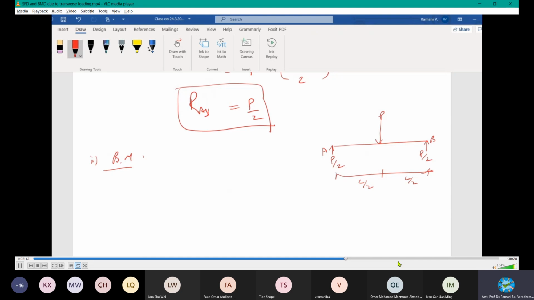So start from this side. We can solve for the bending moment diagram. We have to go from here. At A, the bending moment starts from A. We have P by 2.